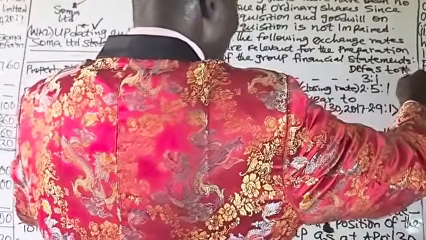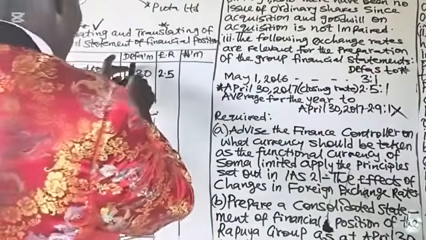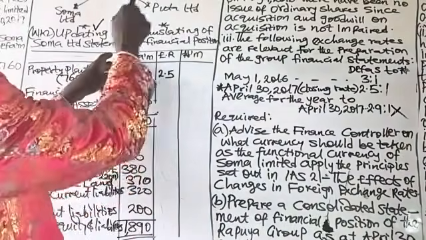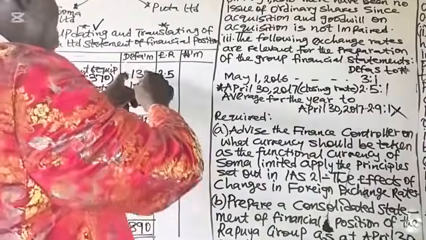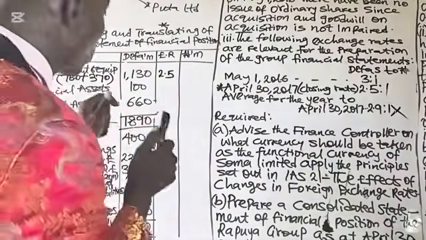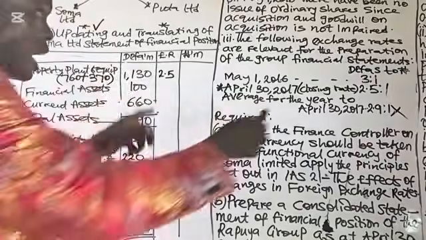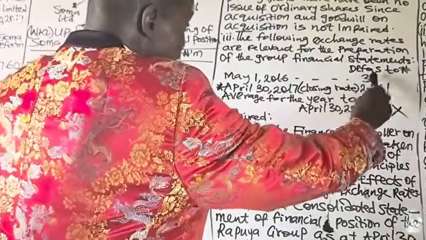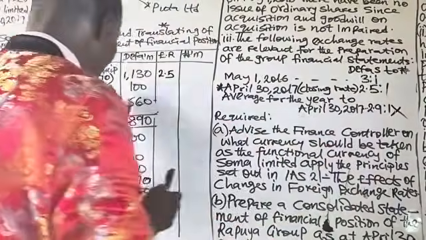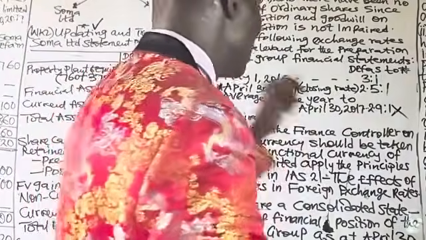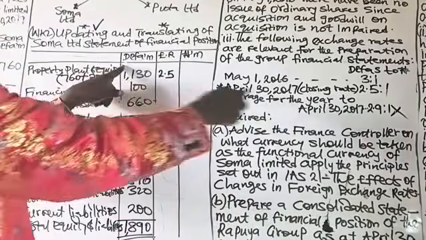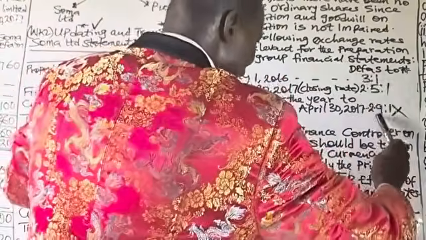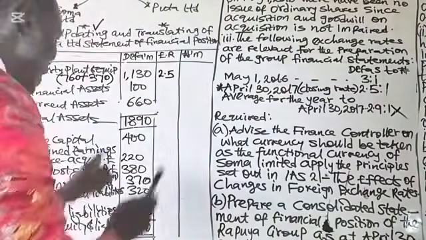So since naira owns 1, if this were naira and you want to translate it to DEFAs, you would multiply it. But where the one you want to translate is not 1 in the exchange rate, you divide. So the one we want to translate is DEFAs, and DEFAs is not 1 here. So that means we'll be dividing it.